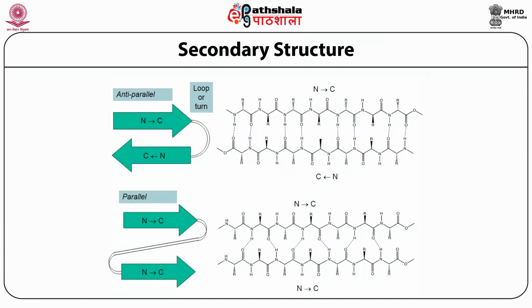So it can have either anti-parallel or parallel arrangement. In anti-parallel, N to C and C to N terminals are joined together, but in parallel arrangement, both chains have N to C configuration and they are attached together.